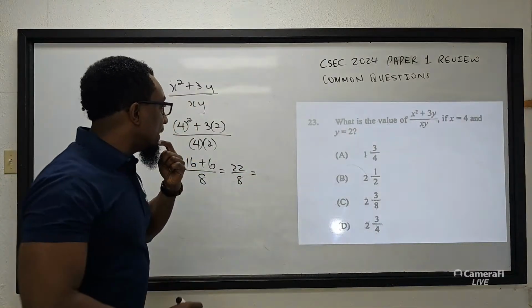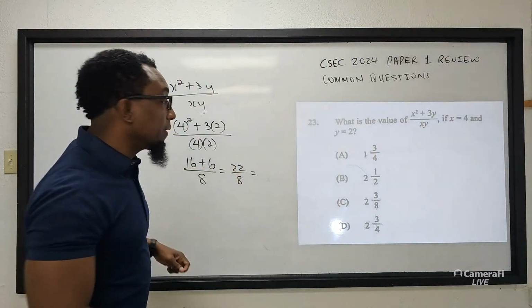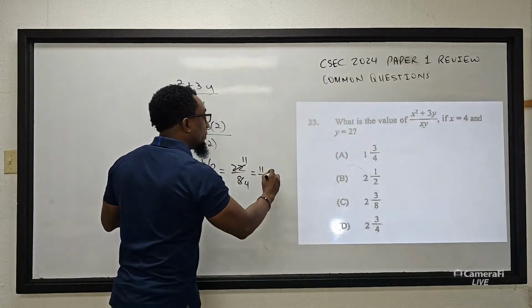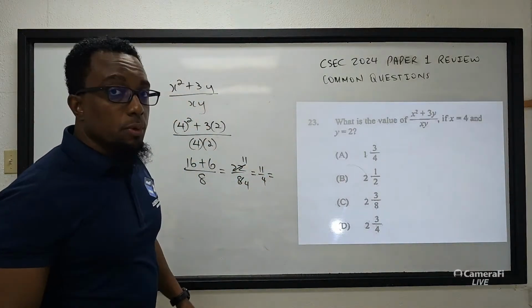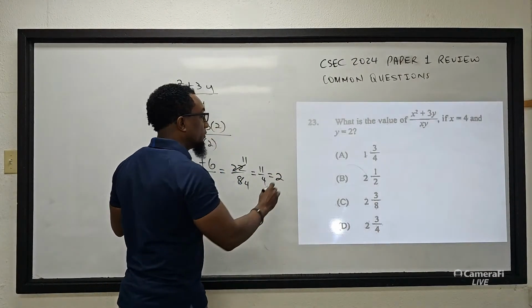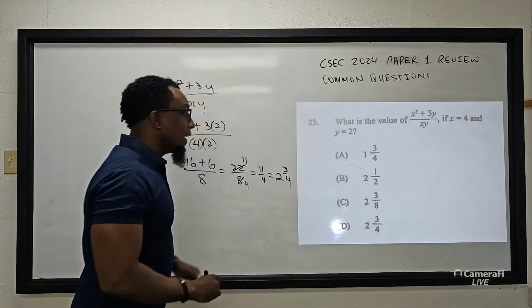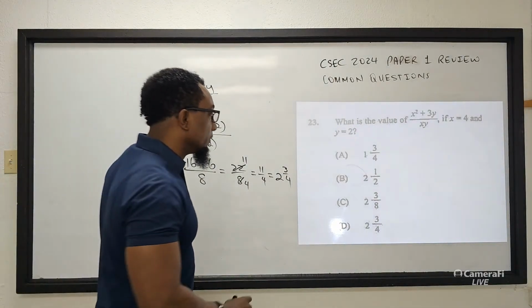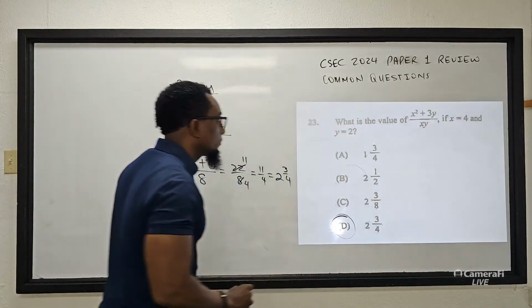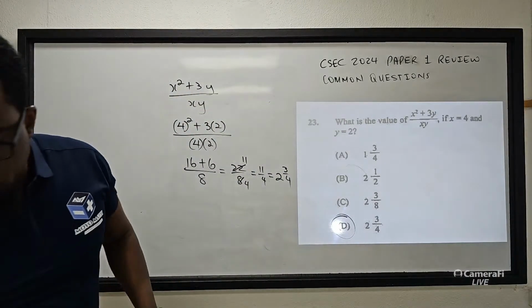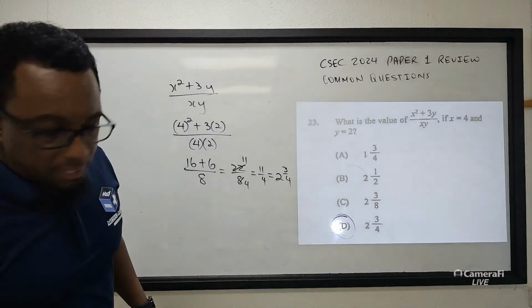And we can simplify that. 2 into 22 is 11, 2 into 8 is 4, so 11 over 4, which we can convert into a mixed number. 4 2s are 8, remainder 3. So 2 and 3/4 for question 23, that is D. Common questions we want to make sure we can recognize. So let's look at 24.